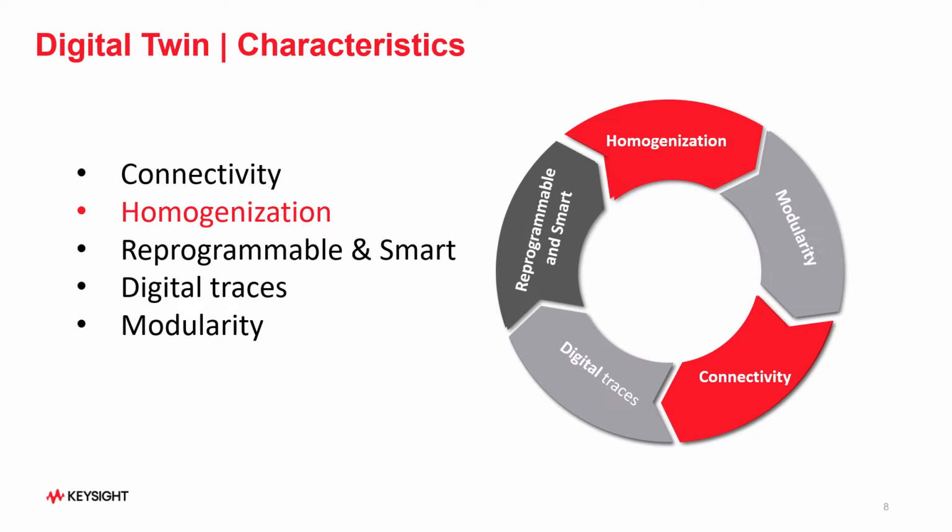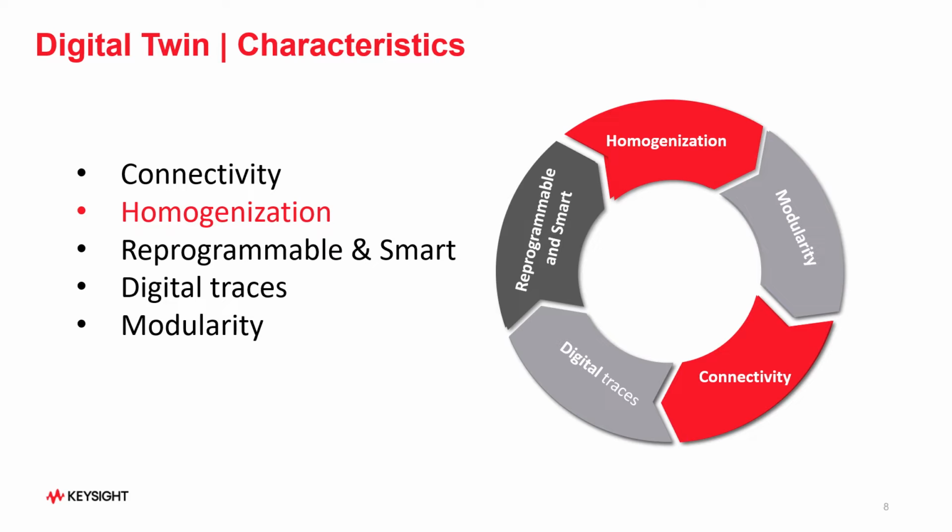Talking about the second characteristic, which is homogenization, digital twins can be further characterized as a digital technology that is both the consequence and an enabler of the homogenization of data. Due to the fact that any type of information or content can now be stored and transmitted in the same digital form, it can be used to create a virtual representation of the product, in the form of a digital twin, thus decoupling this information from its physical form.